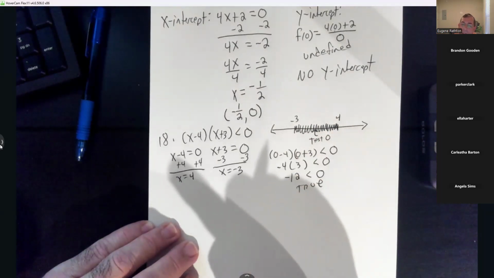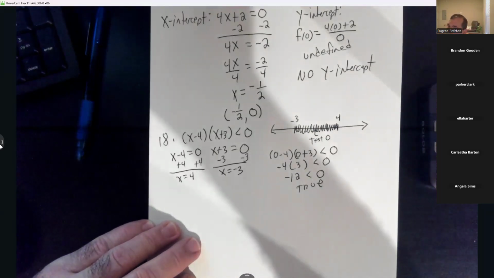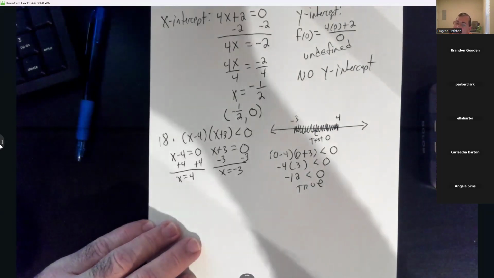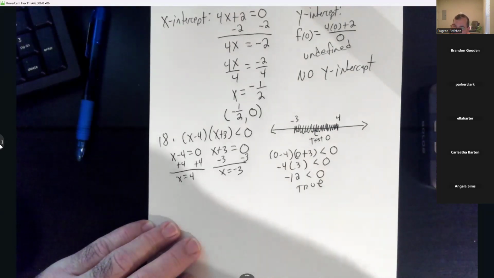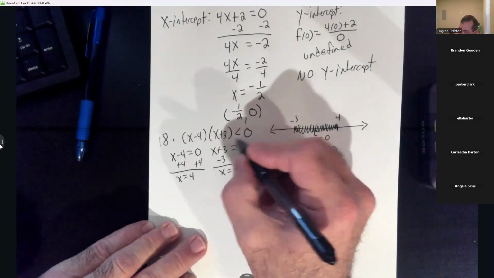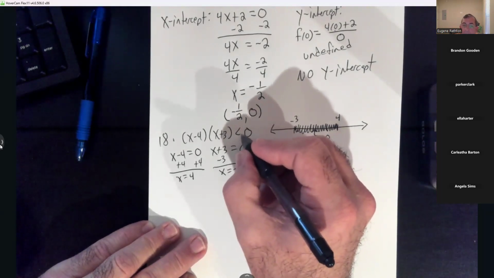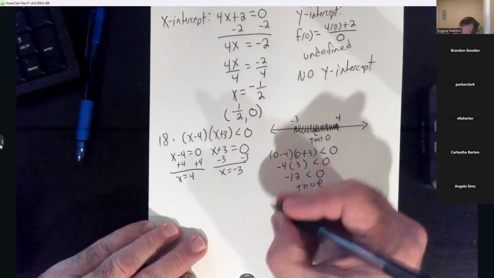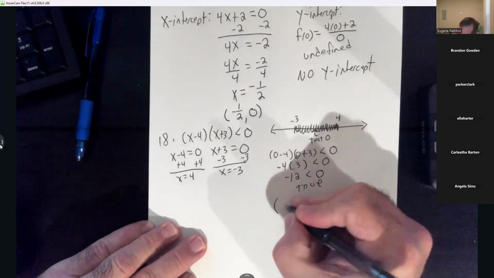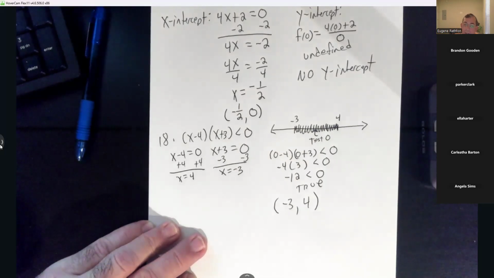So my question is, when I do interval notation, am I going to use parentheses or would I use brackets? Parentheses. It's not equal to. Exactly, because you don't have an equal sign under that, remember. You only use brackets if it's equal under that. So since it's just a less than, we're going to use parentheses. We're going to start at -3 and go to 4 and close parentheses.